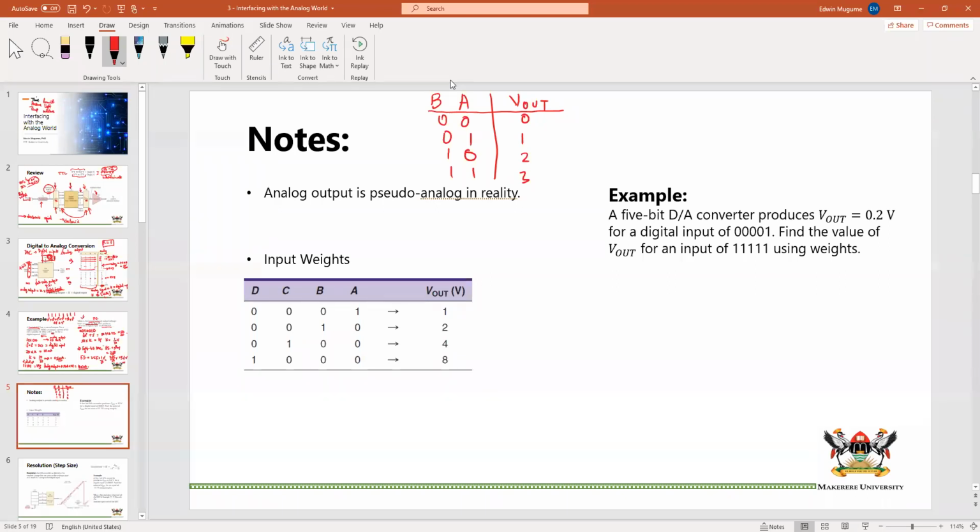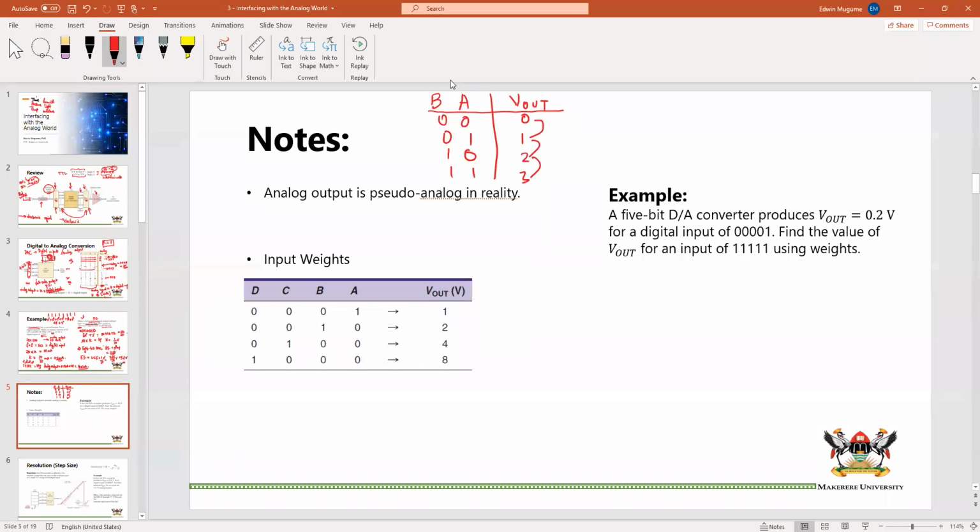So we have our digital input and we are converting it into an analog. We expect that what we get at the output of the DAC is an analog signal. But look, it can only jump from 0 to 1, 1 to 2, and 2 to 3. In other words, this isn't quite an analog signal, as we know that an analog signal is continuous. This one is a step function. It can only change in those steps. So it's essentially similar to a digital signal, and that is a big problem.